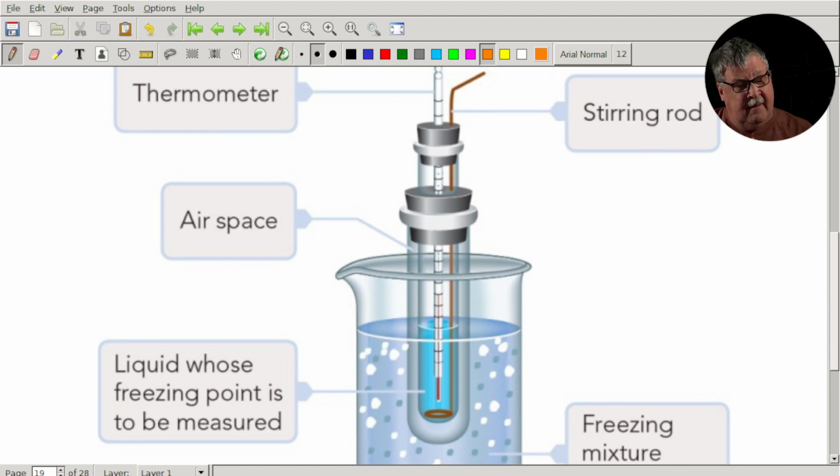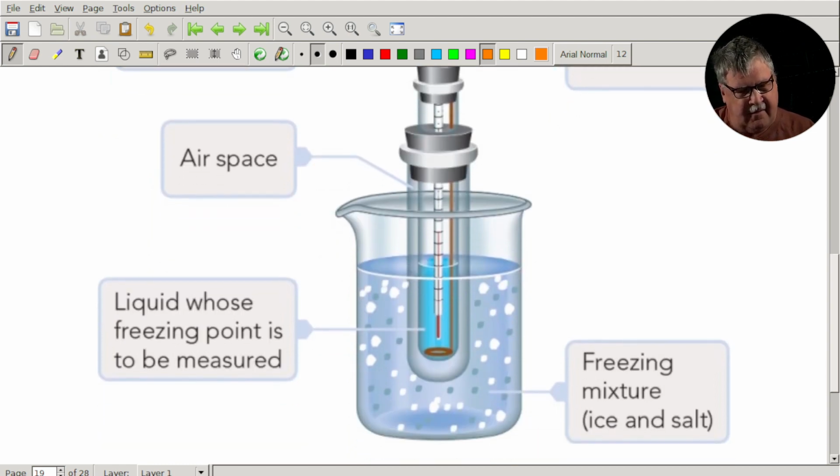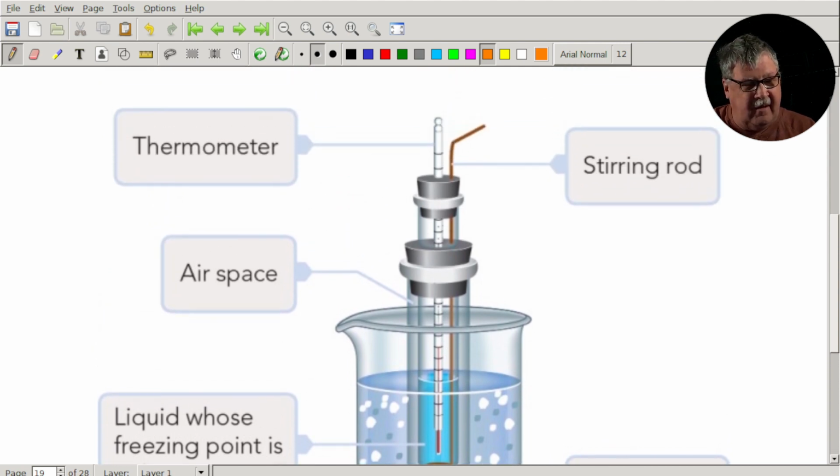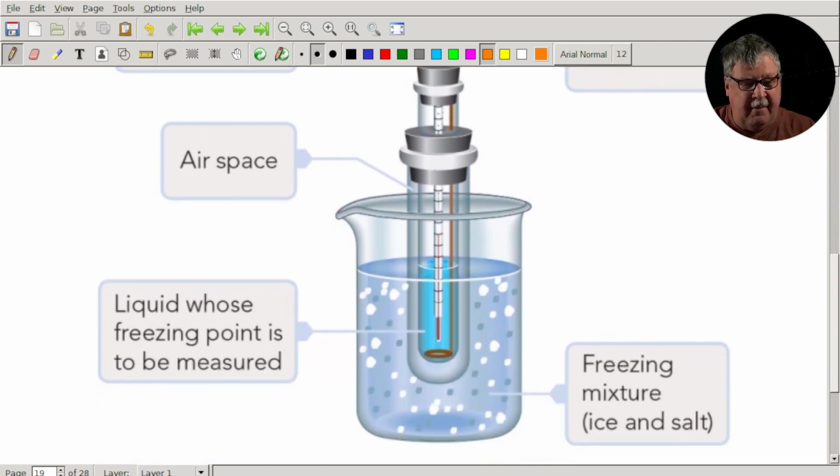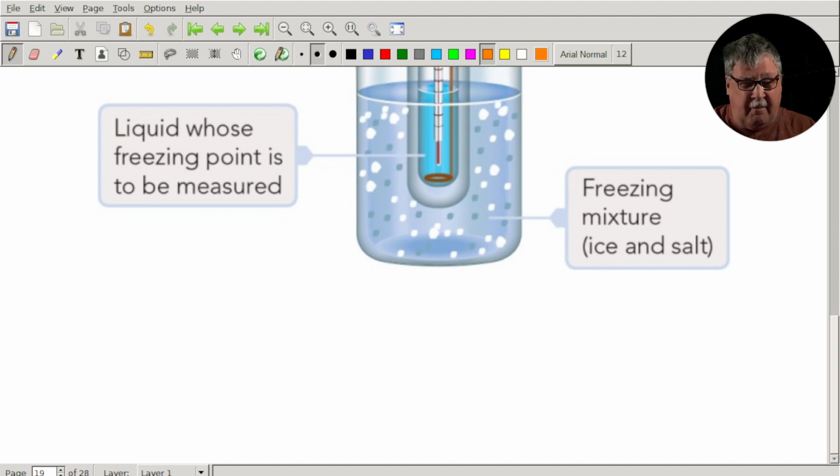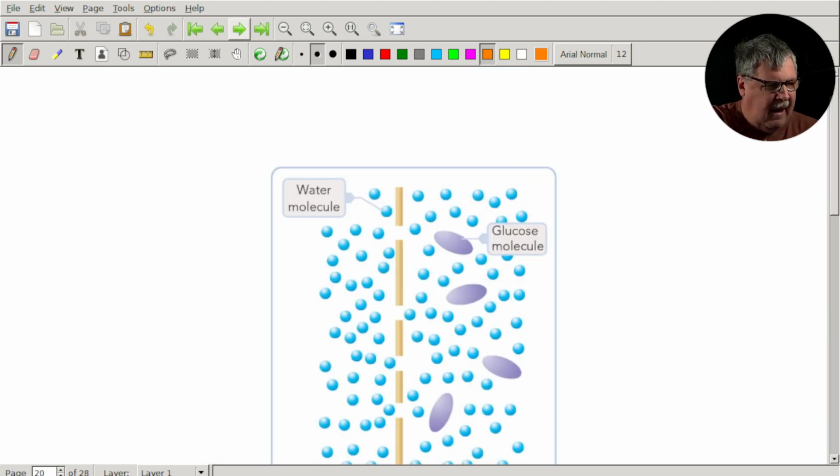That's how we used to do it: just put it in an ice bath and stir it. The reason you stir it is to prevent supercooling, which is another phenomenon that occurs. Then of course you can monitor the temperature over time and generate a cooling curve. That's something you're going to cover in lab.